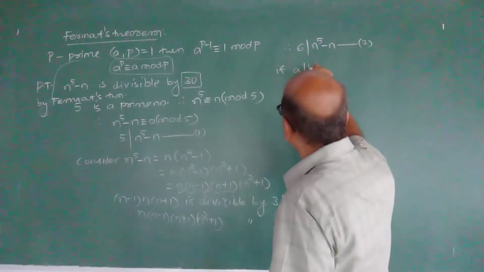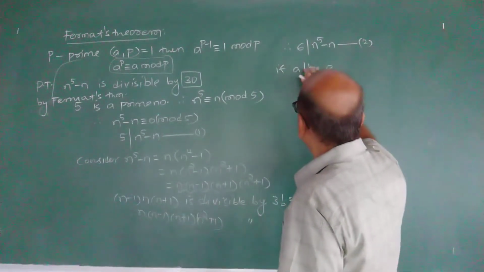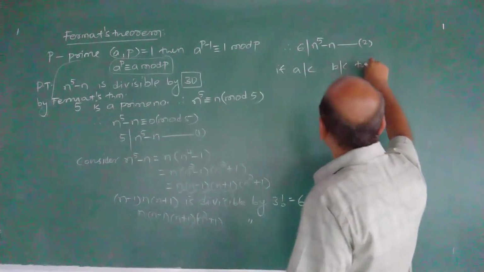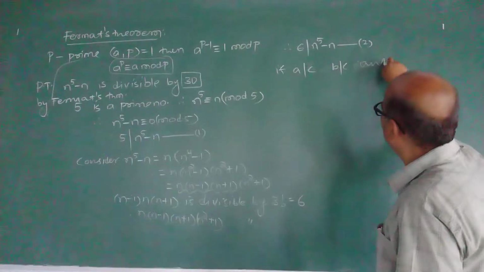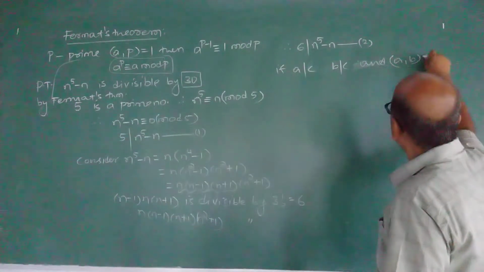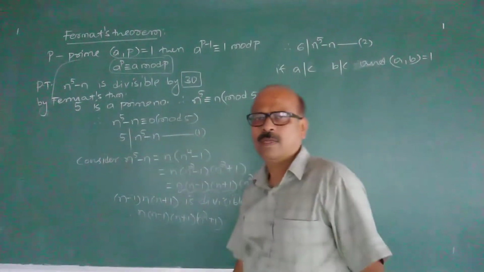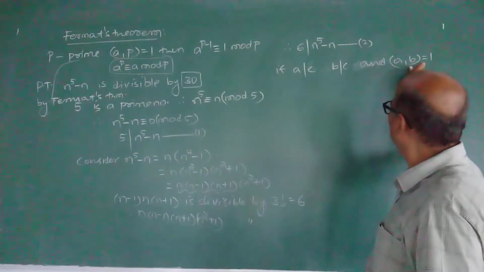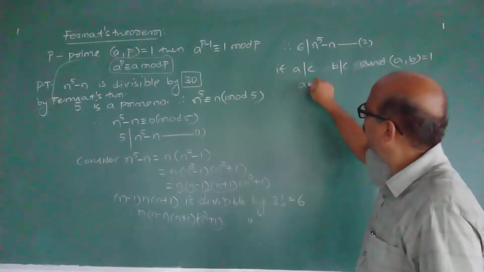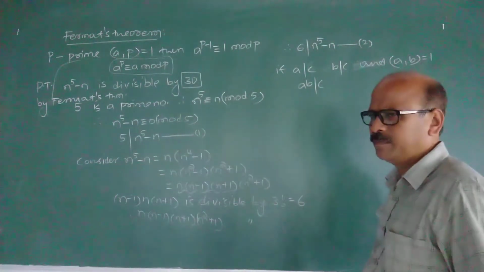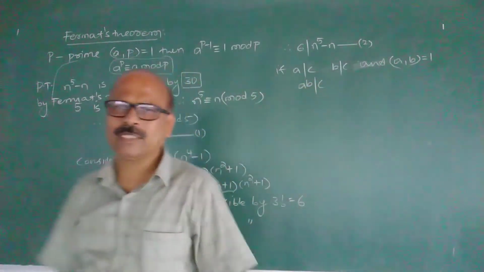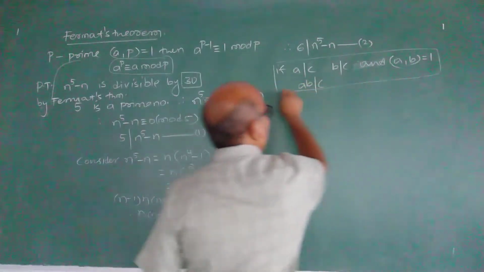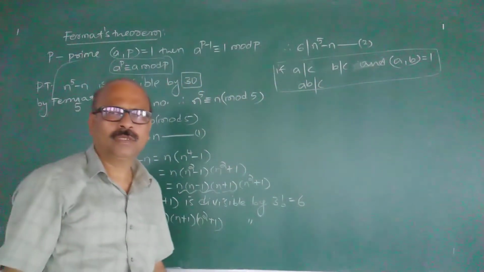Now we use one important result. If A divides C, B divides C, and A and B are relatively prime, that is GCD is 1, then A into B divides C. We apply this result, and we may apply this one in the next few problems also.